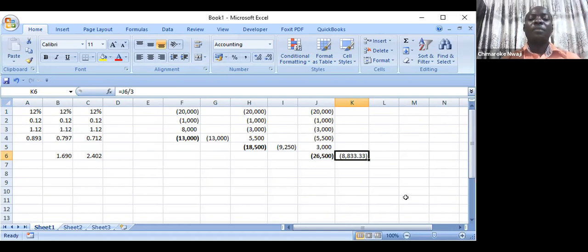In your exam, you may not be given the option to ignore time value of money, but we may still see that. But most times, you will be asked to do the equivalent annual cost method. Okay, so that's it.